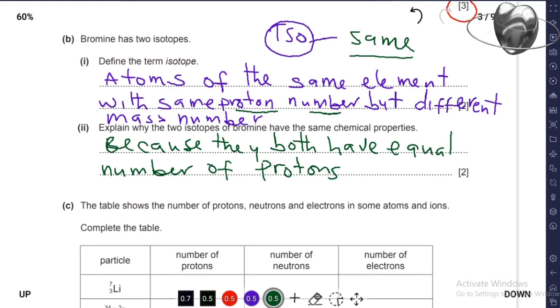That is very, very important. You are going to get your 2 marks without even doubting, because that's the truth.